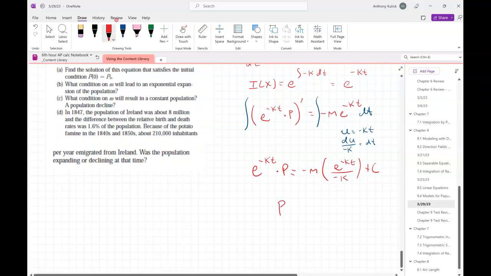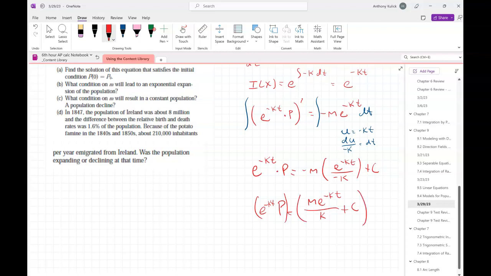So let's see, I have P equals M e to the negative kt over k plus C, and then we'll just multiply both sides by e to the positive kt.